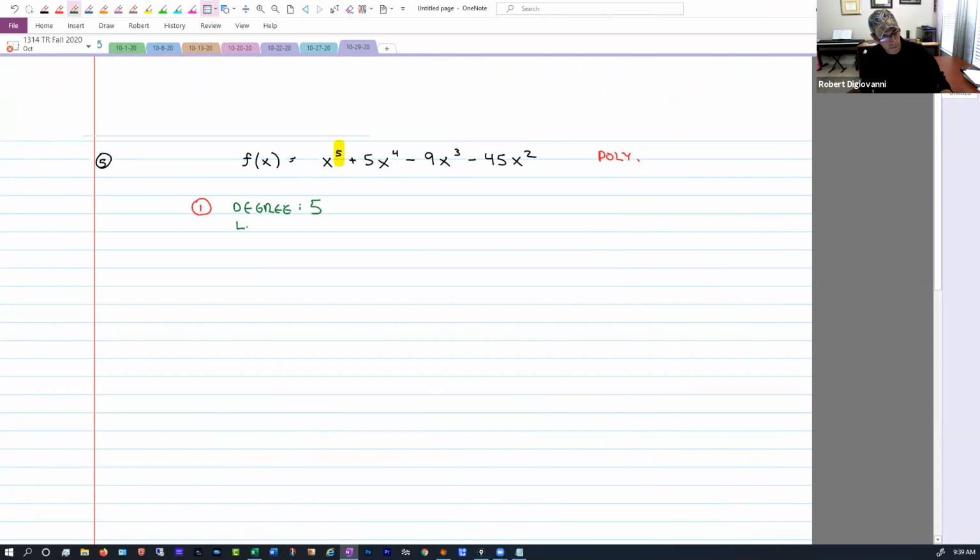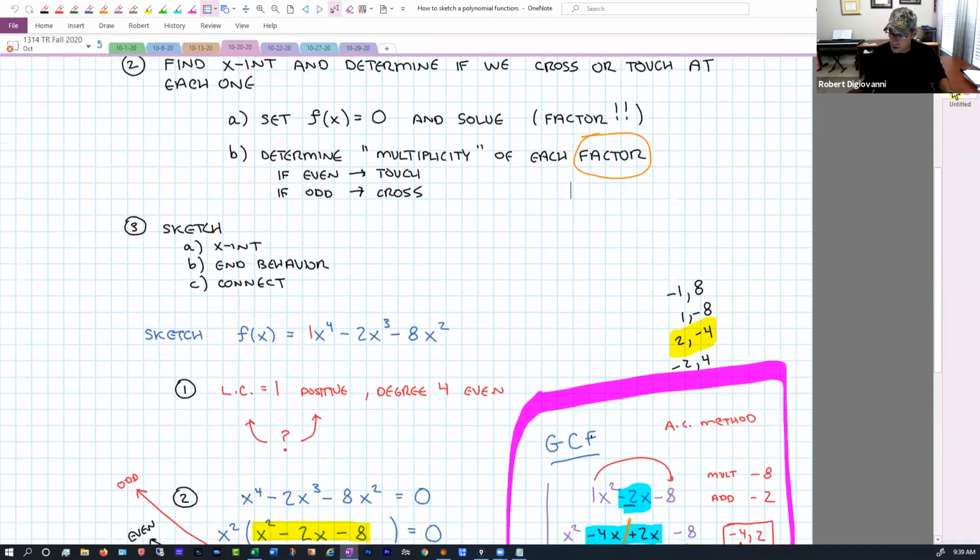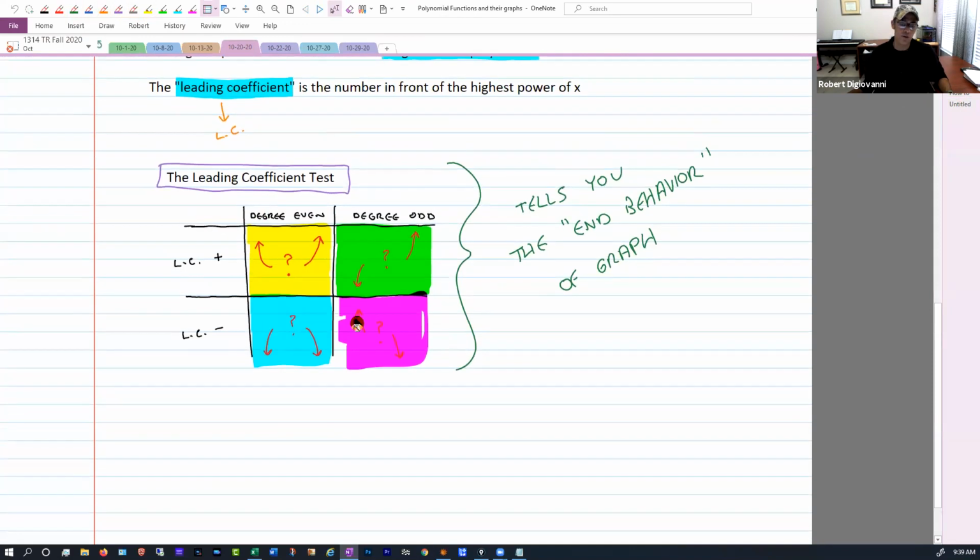And then the leading coefficient is the number in front of that, which happens to be a 1. And then again, going back to our notes, we have to use this table, which you definitely should have on your reference sheet. This tells you how to determine the left and right behavior based upon whether your degree is even or odd and the leading coefficient is positive or negative.